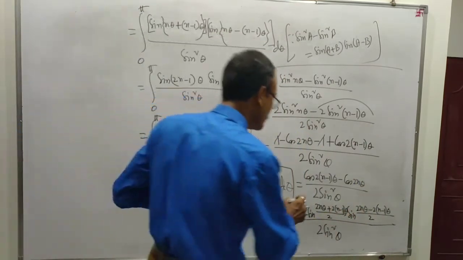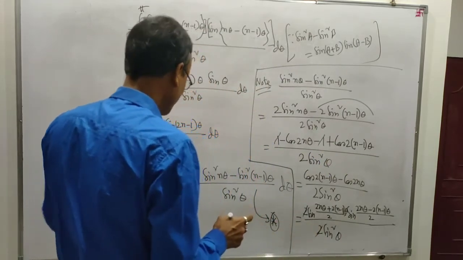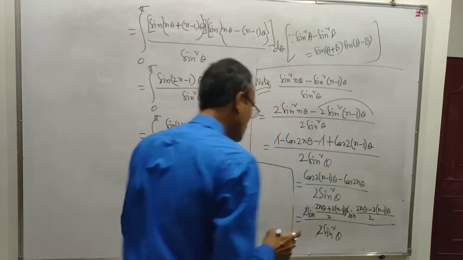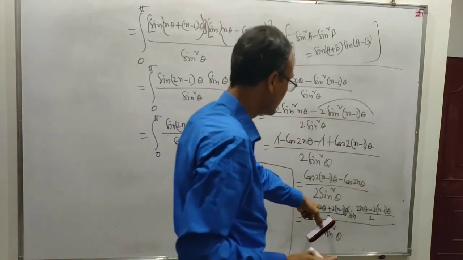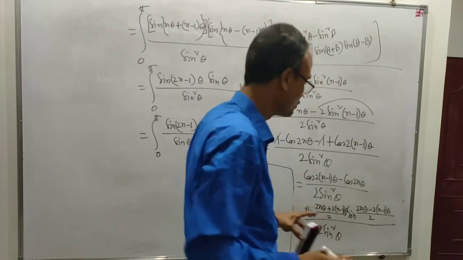Now you see, this two will be cancelled. Now I am writing here. What will be this? It will be 4n theta minus twice theta divided by 2.